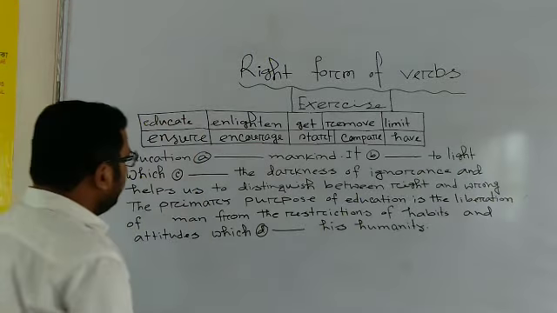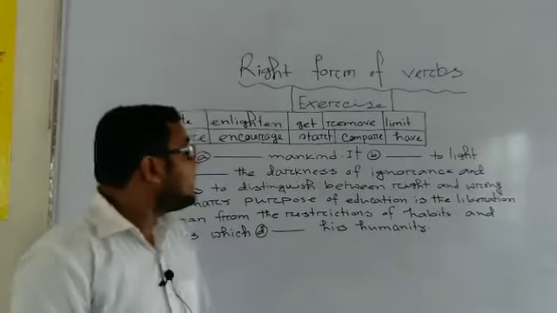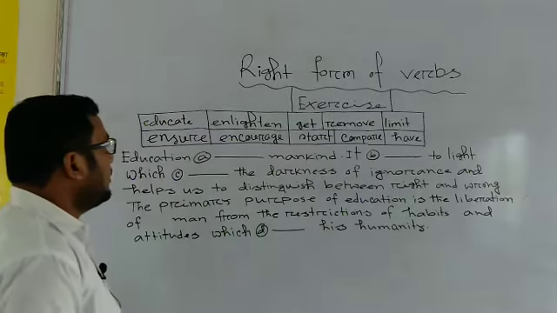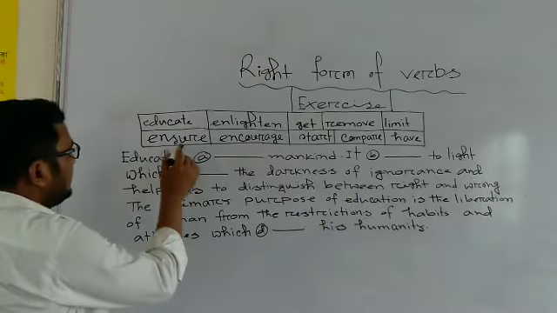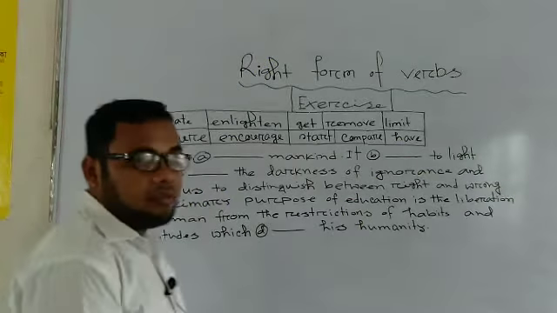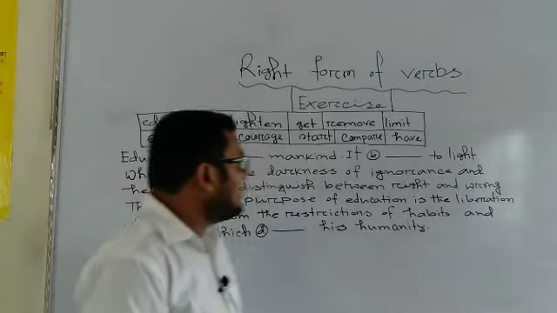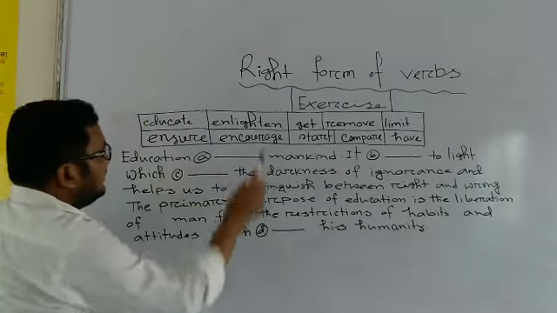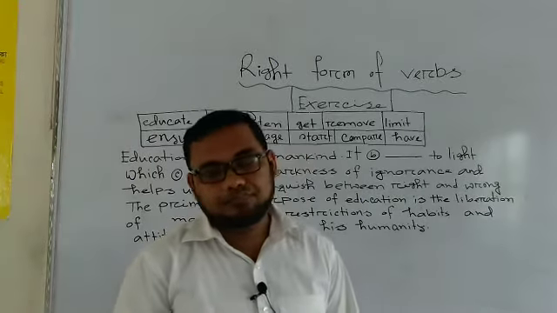The word educate, the meaning of the word educate, teach or instruct. And the next one is given, ensure. The meaning of the word is make sure, make certain. Then enlighten.